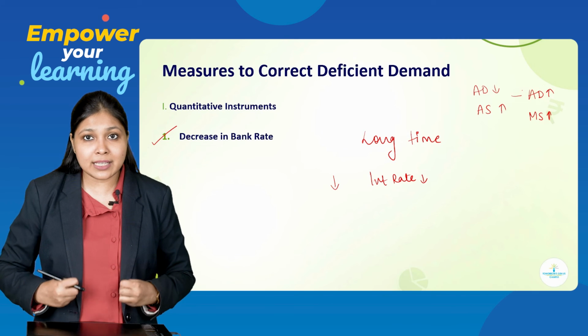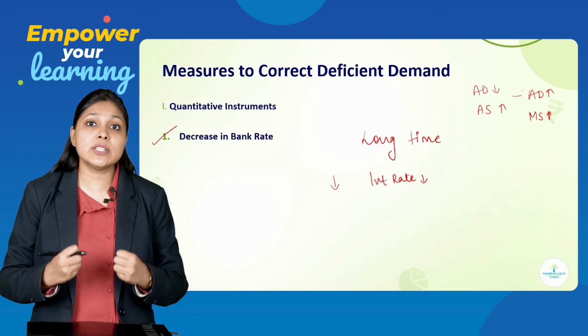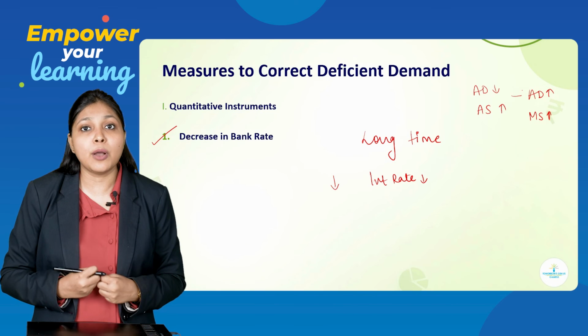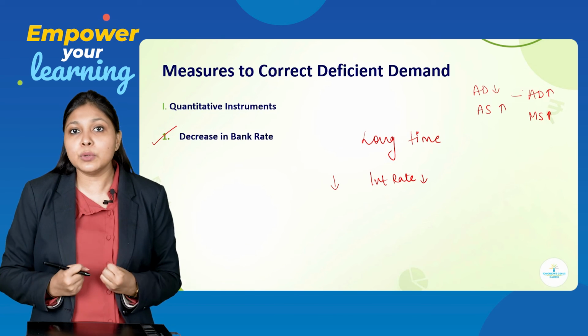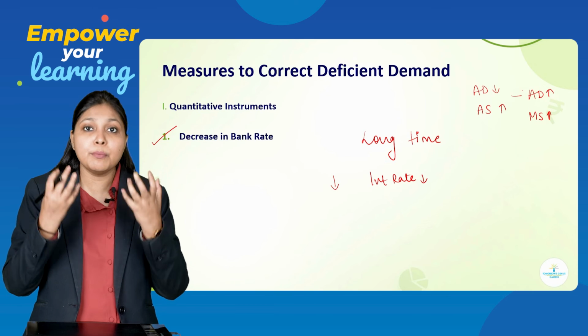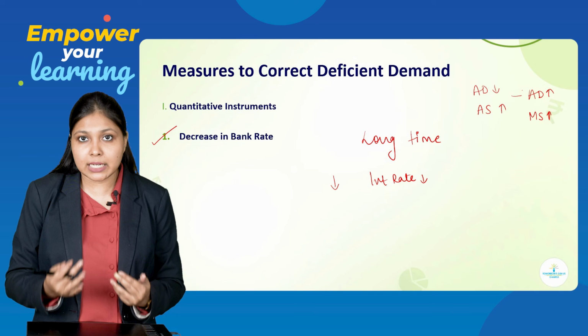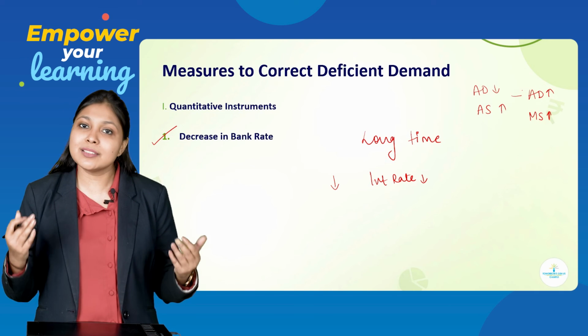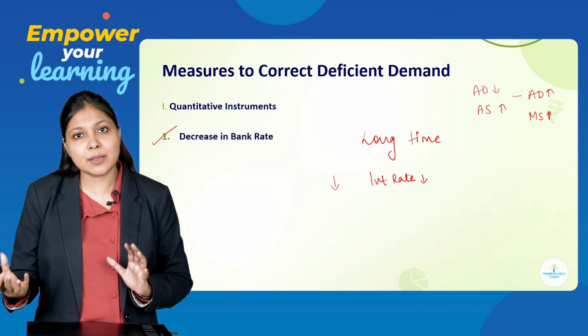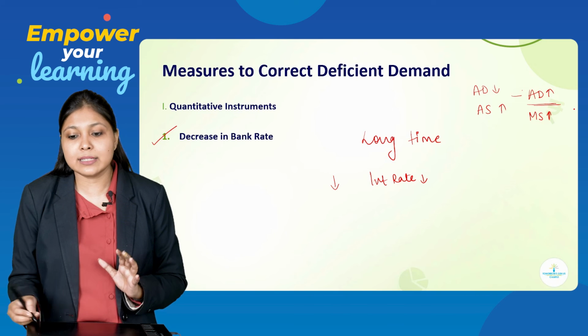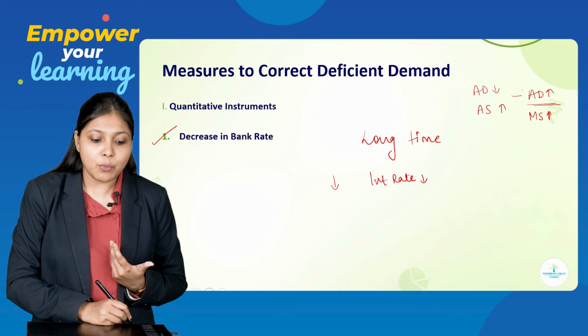When interest rate decreases, it encourages borrowers to borrow money from the bank, to take loans from the bank. When they borrow money from the commercial bank, money flow in the economy will increase. And then, of course, consumption will increase. When consumption increases, AD also increases, and that is what we want.